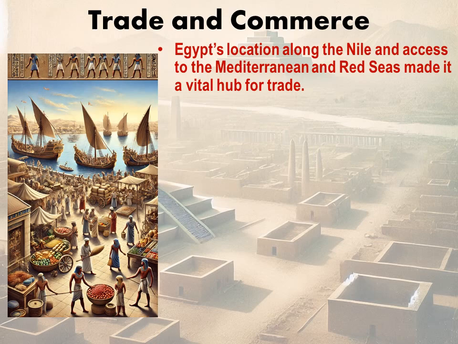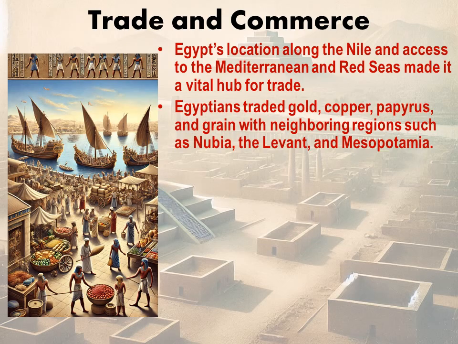And along the country there was the Nile River, which was not only a river but also served as a trade route for transferring goods from Upper Egypt to Lower Egypt and also from Lower Egypt to Upper Egypt. Thus, Egypt's location along the Nile River made it a vital hub for trade. If people can communicate with each other, they will share things with each other also. And thus comes the aspect of trade.